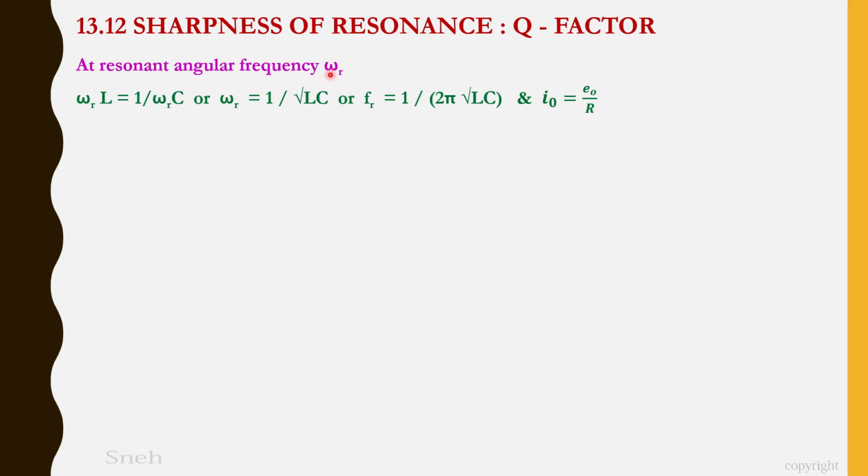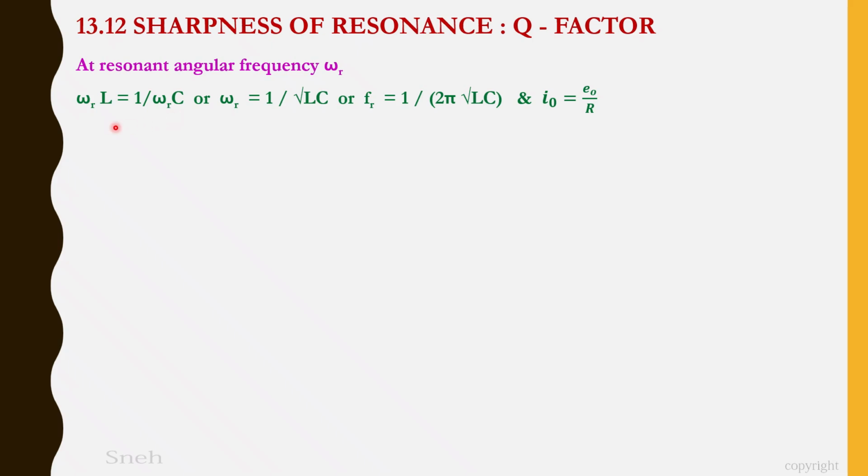As inductive reactance is equal to capacitive reactance, we write inductive reactance, which is omega r L for the particular value of angular frequency omega r, is equal to 1 upon omega r C. This gives me capacitive reactance at omega r.